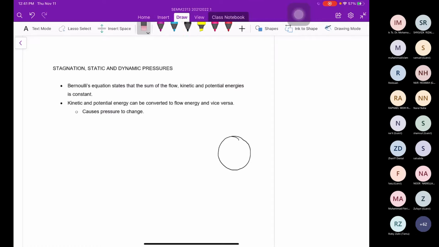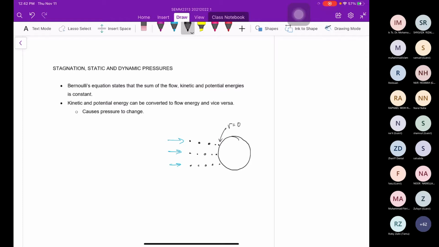And this is a moving particle. Upon reaching this one, the velocity will decelerate, right?